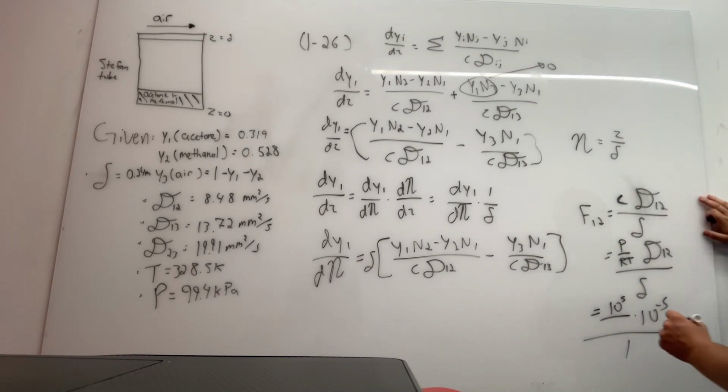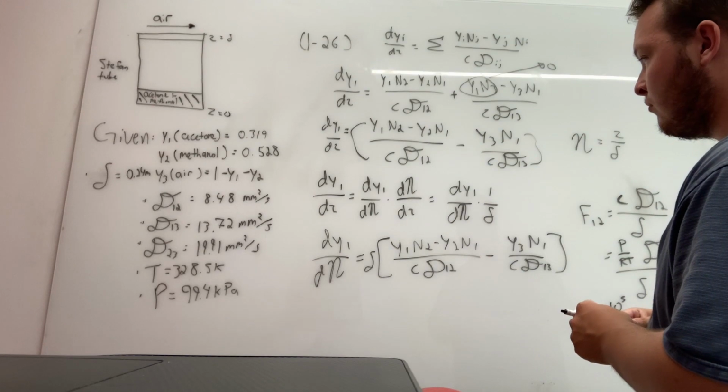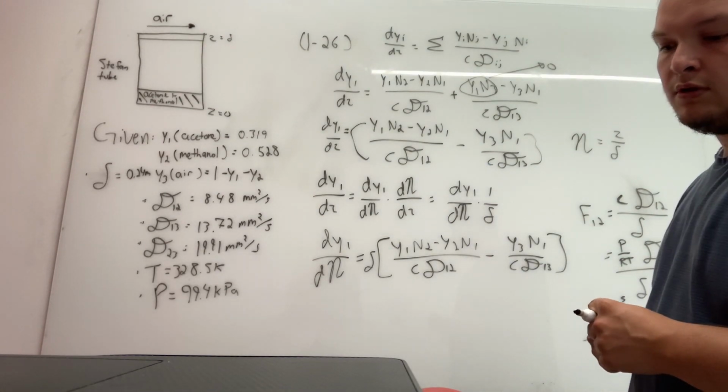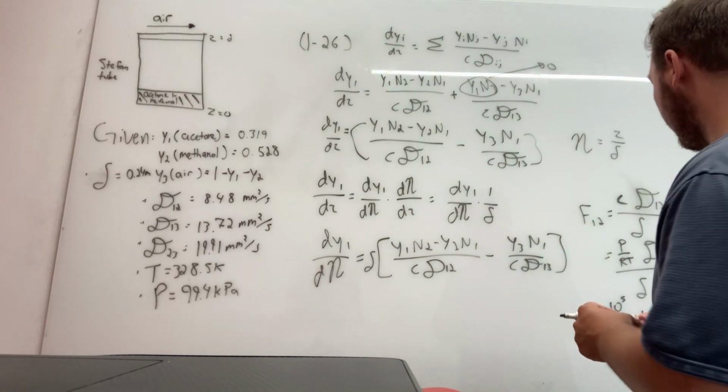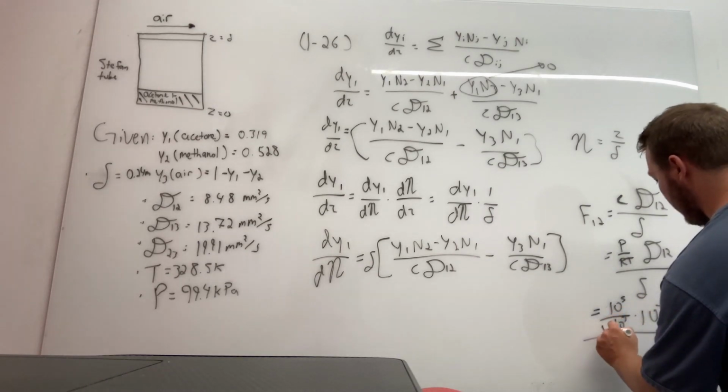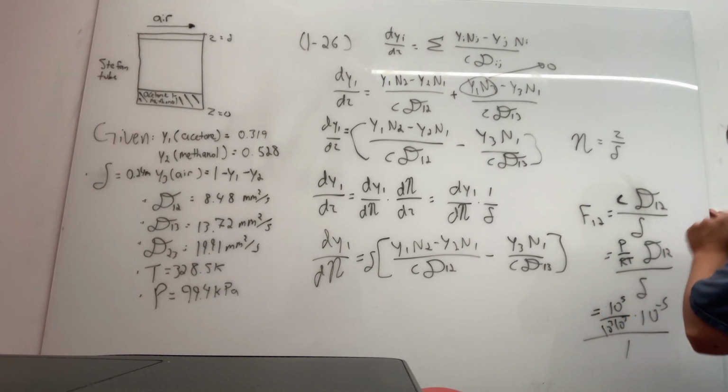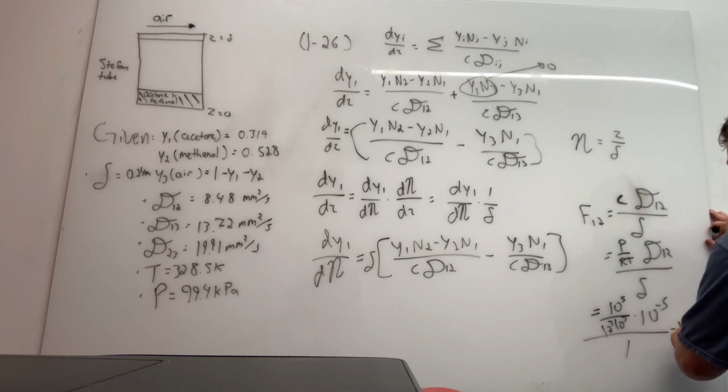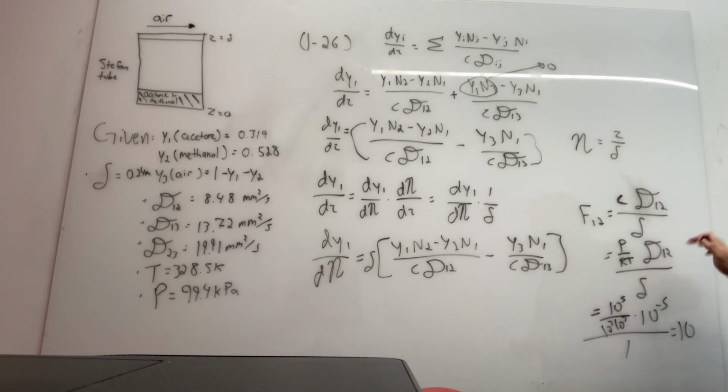And then we know that T is going to be 10 to the 3rd, right? And then we also know that R is equal to 10 to the 3rd.